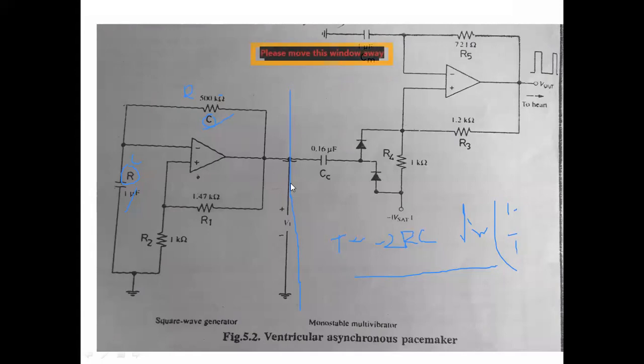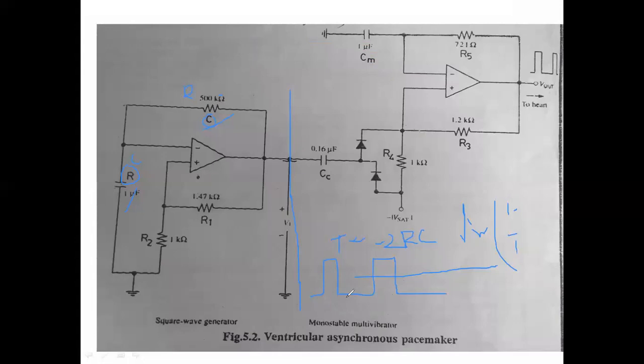Here the square wave generator produces square pulses with a pulse rate, time period, and time duration, with a time delay.